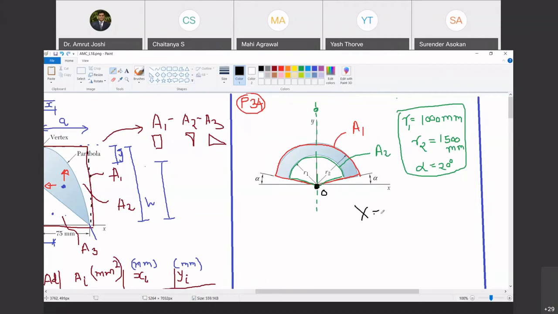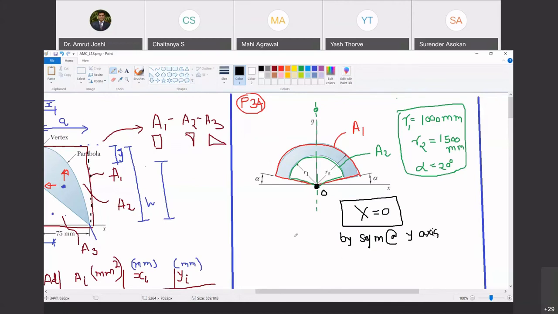Why? Because the centroid is going to lie along the y-axis shown. So therefore, x is 0 by symmetry about y-axis. This is already known.